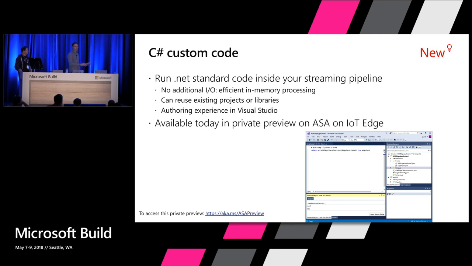Everything will run in memory, close to the streaming pipeline. No need to call different modules, having some I/O. It's much more efficient. So you can reuse projects and libraries you have, and I will show that in the demo. And of course, you can use Visual Studio. And if you want to join the preview, use the same URL as before for the previews.